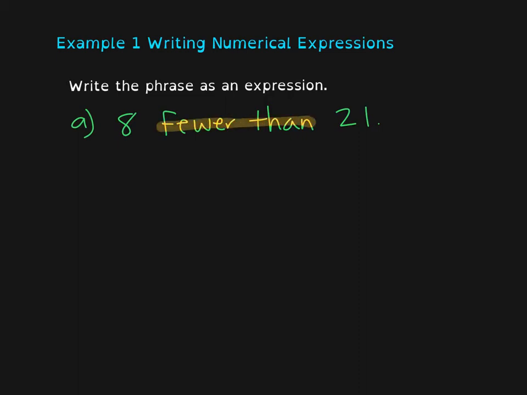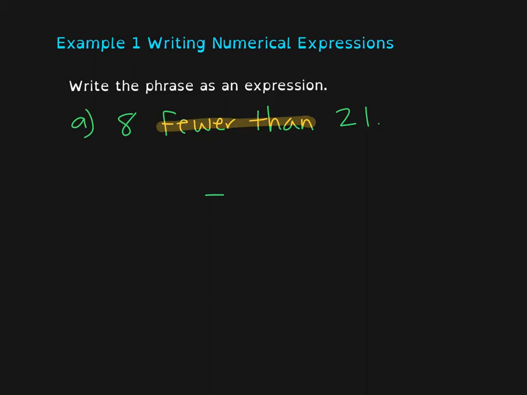So we have the words fewer than, so 8 fewer than 21. What you need to realize is that the words fewer than are under subtraction. So we know that part of our expression is going to have a subtraction there.